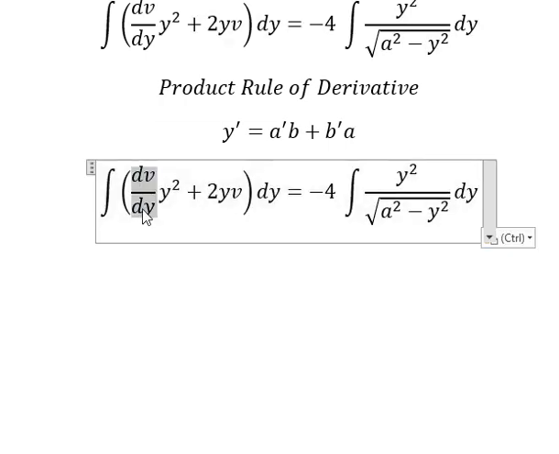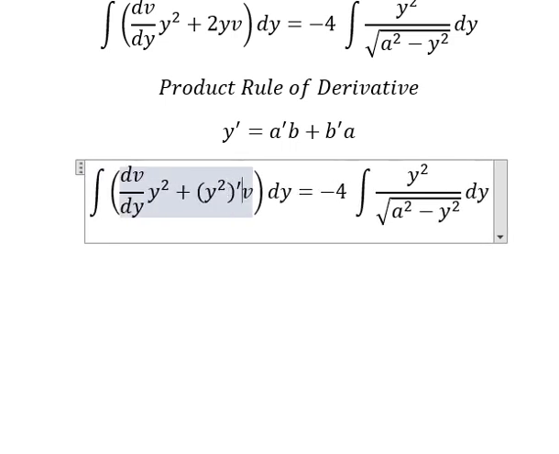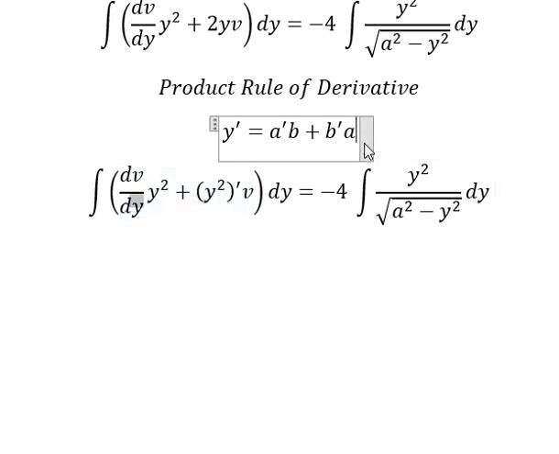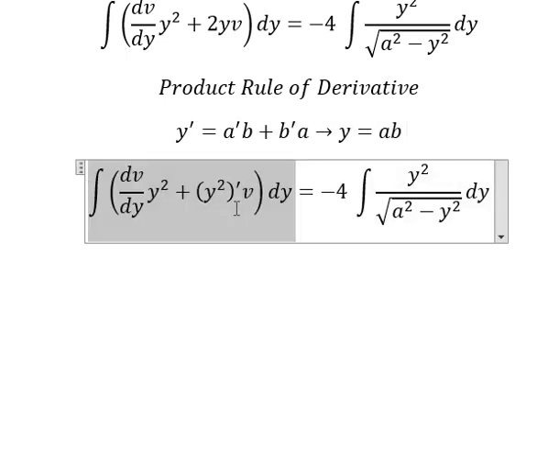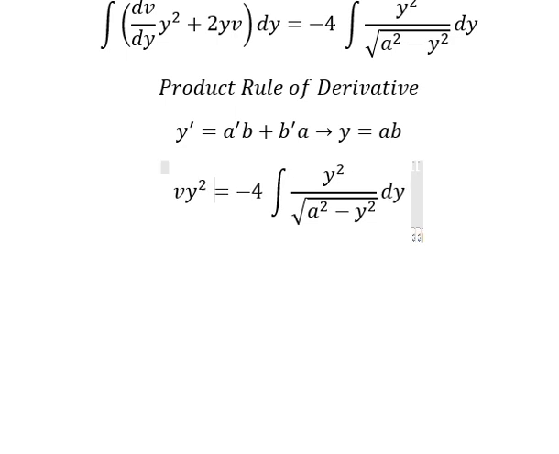So we have the first derivative of a multiplied by b. This one we have the first derivative of b multiplied by a. So the integration of this one, we have y equals ab. So the integration of that one, we have vy squared.